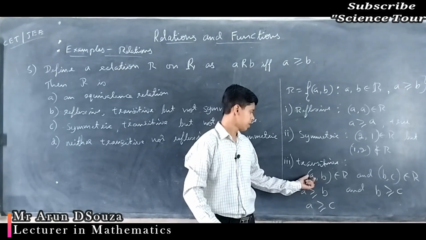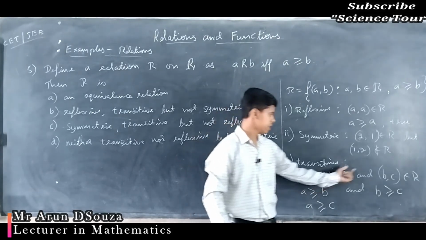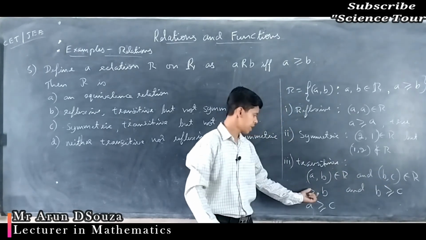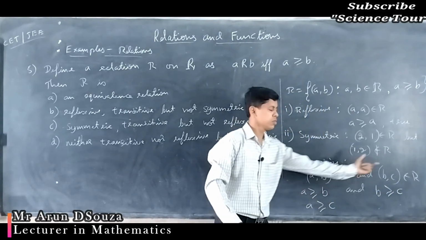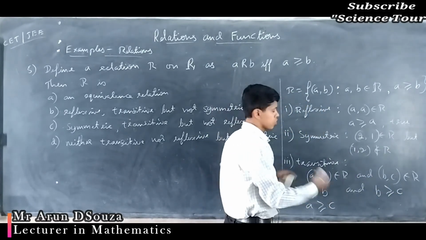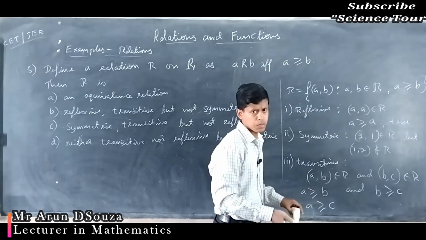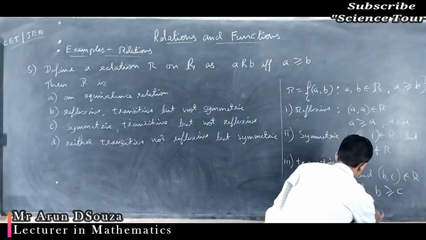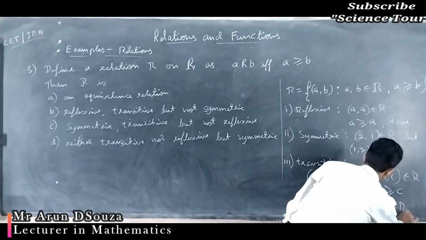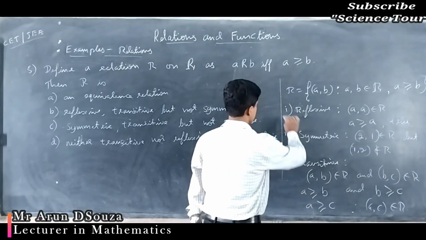You take 3 comma 2 and then 2 comma 1. 3 is greater than 2, 2 is greater than 1, then obviously 3 will be greater than 1, correct? So you can go for any other numbers and it will always satisfy. Therefore A comma C also belongs to R, hence it is transitive.